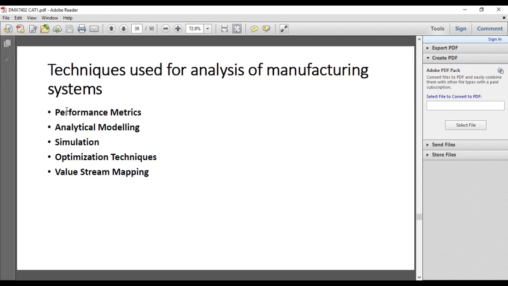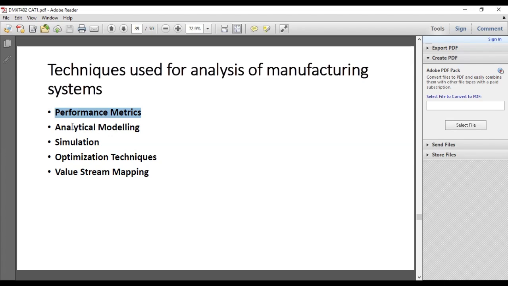At the end of the slide there is a short introduction giving a few performance metrics, because you have a question to list a few performance indicators. I'll tell you later.